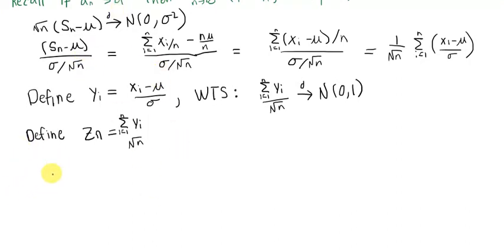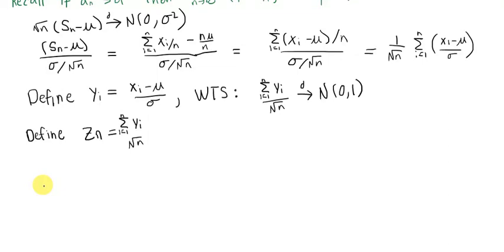So to prove this, we're actually going to use characteristic functions. If you don't know what characteristic functions are, please pause the video and look that up. But a characteristic function uniquely determines what the distribution is.